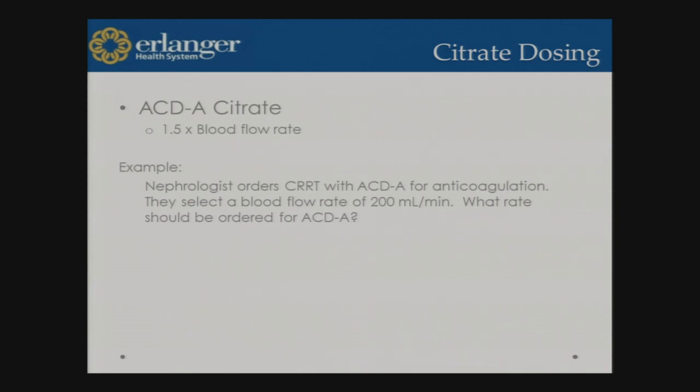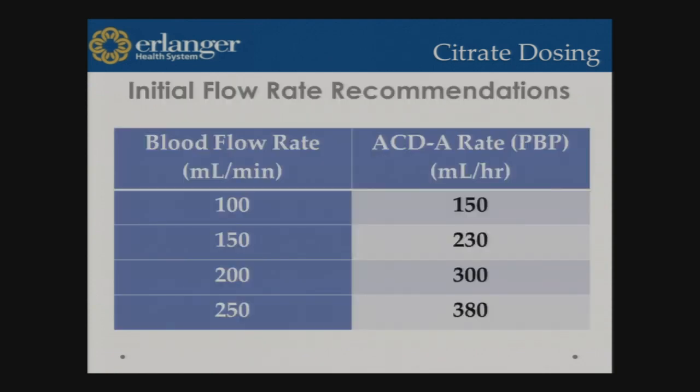You can look at the dialysis orders and say, oh, they ordered a blood flow rate of 200. My citrate rate should be what? 300 mils per hour. Yep. This is a table that's built within the order set for the physician to use.